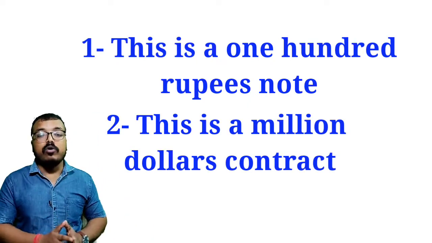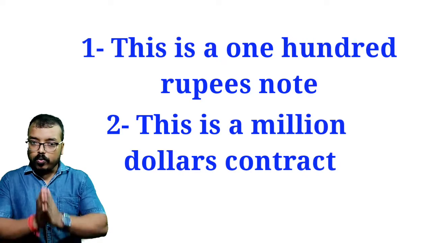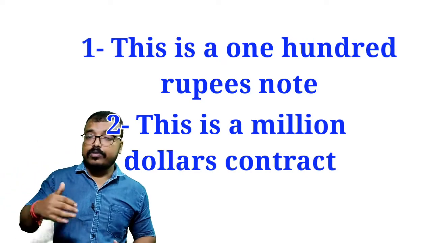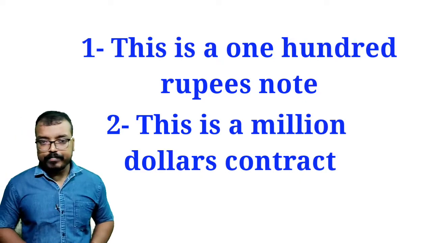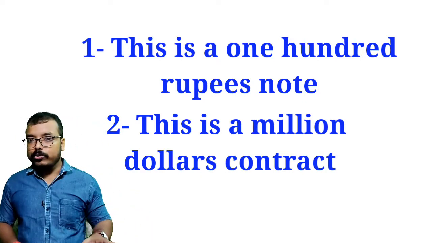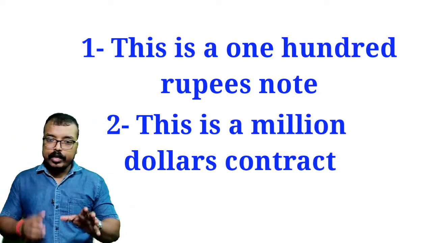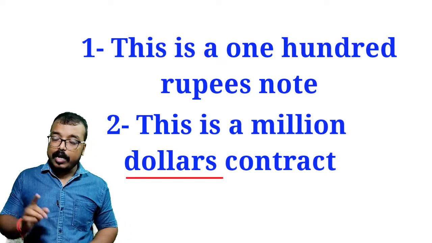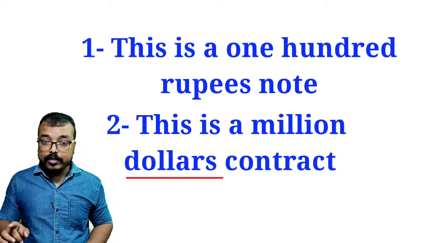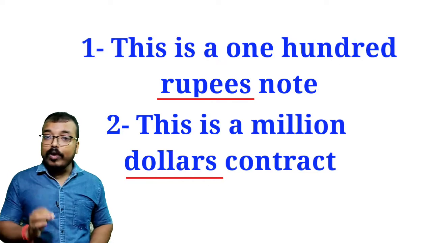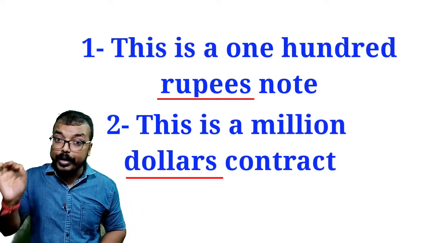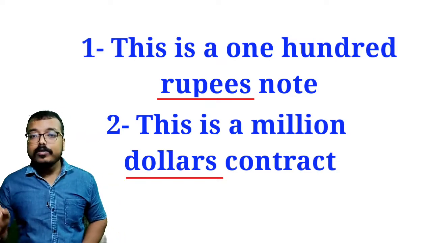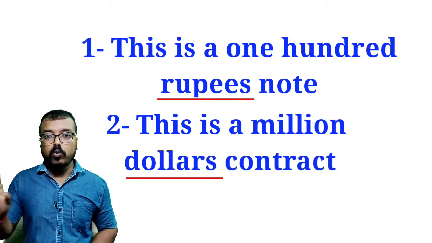Our next topic is about, look: this is a 100 rupees note. This is a $1 million contract. Within these two sentences there are some mistakes, and you will have to find out what the mistakes are. You can notice that I have written $1 million and 100 rupees. There are two factors in this case. You can say 100 rupees, but you cannot say 100 rupees note.